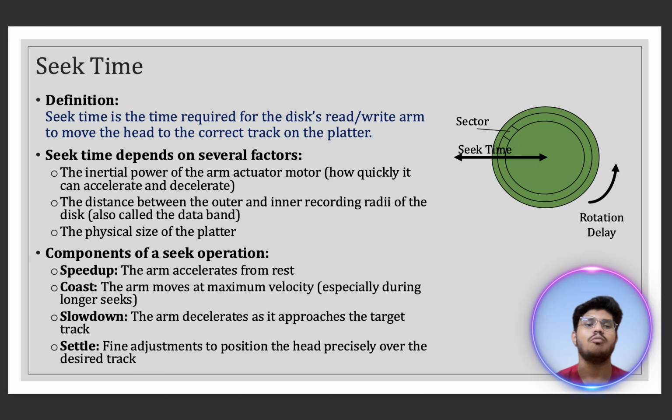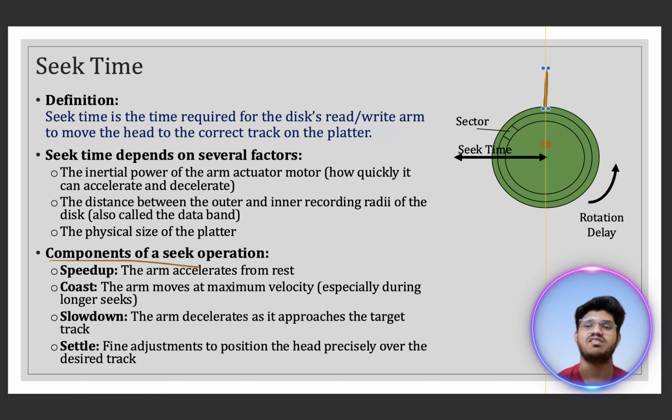Now the components of the seek operation. Let's say my current read and write head is here, and I want to read a sector located here. How will I go? The movable arm should come and reach here. How will this happen?